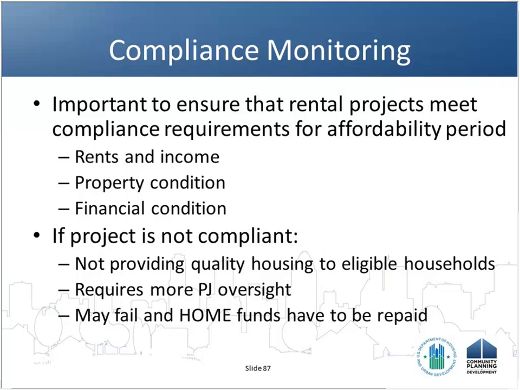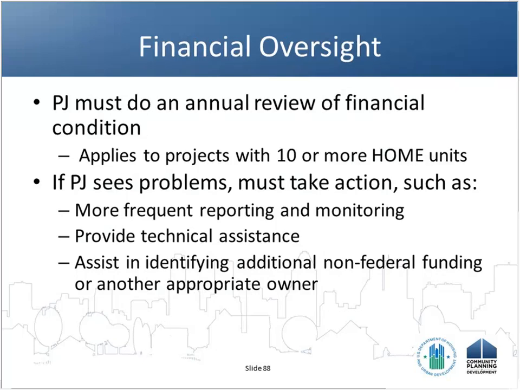So if we had a property that had a 20-year affordability period and in year 18 no longer functioned as affordable housing, maybe it went into foreclosure because they became financially distressed, maybe they stopped renting units because they are not in occupiable condition, that project is no longer functioning as affordable housing, and all of the funding will be required to be repaid, not just some prorated amount, given credit for the 18 years of success for that project.